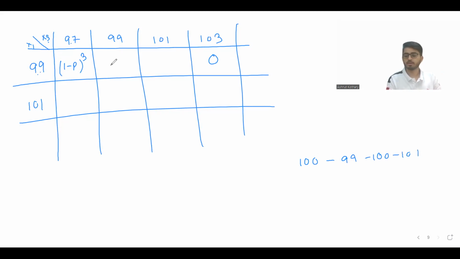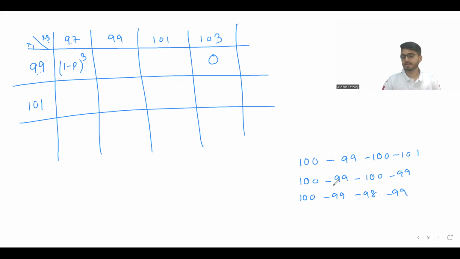So now, given X1 is 99 and X3 is 99, let's do it this way. 100, 99, 100, 99. This is one way. The next way is 100, 99, 98, 99.